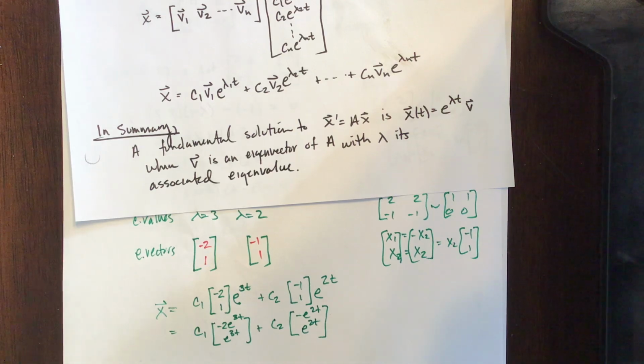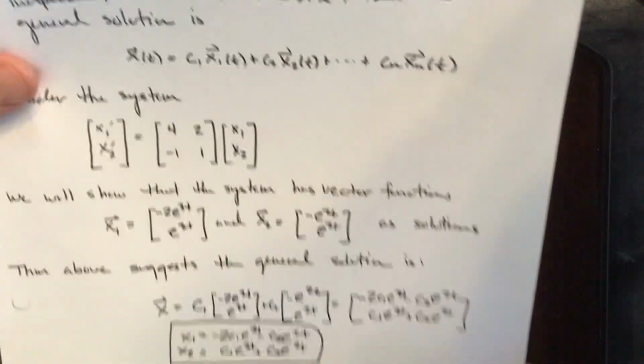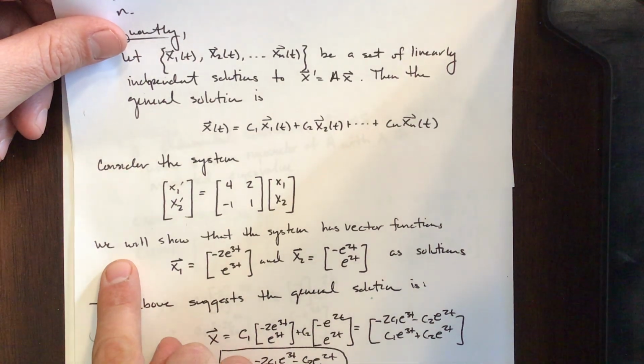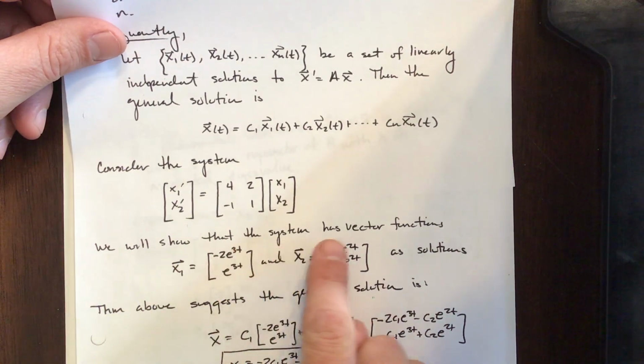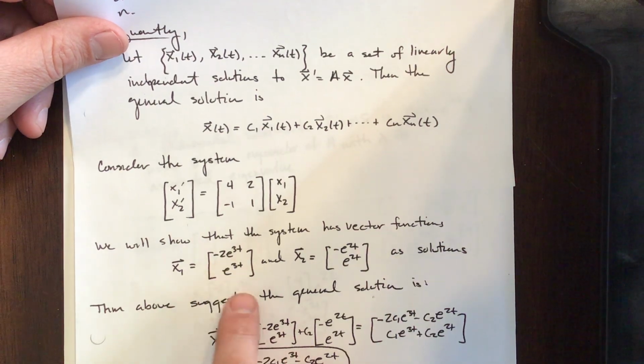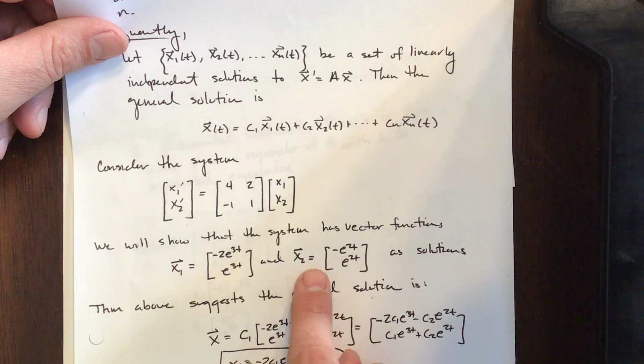Because I'm showing you this statement right here: we will show that the system has vector functions x1 equals negative 2 e to the 3t, e to the 3t, and x2 equals negative e to the 2t, e to the 2t.